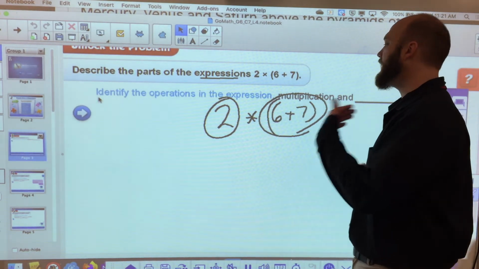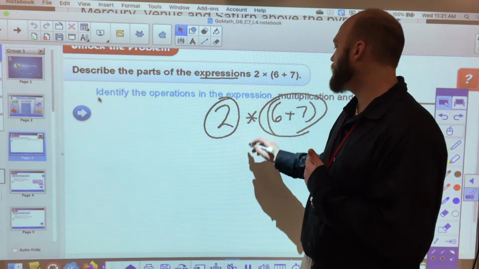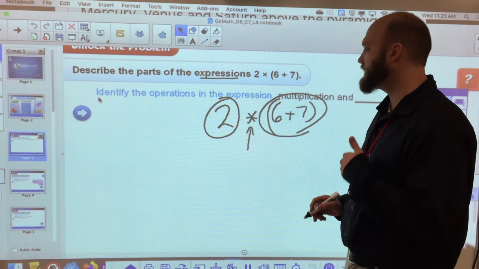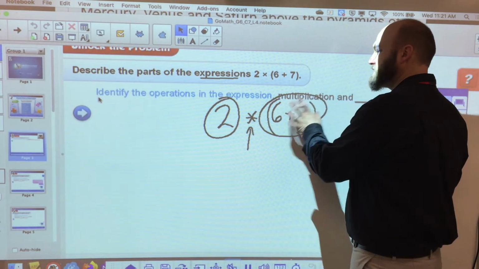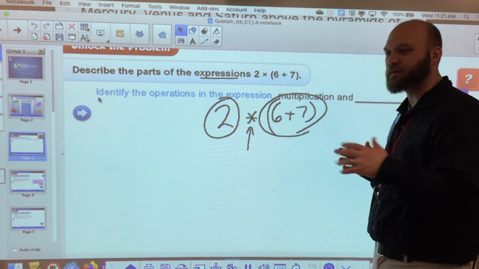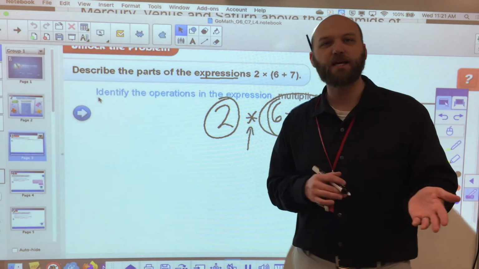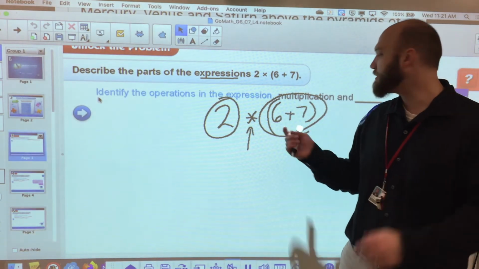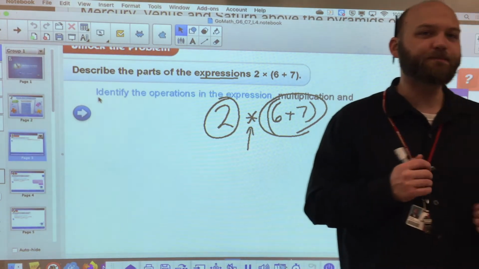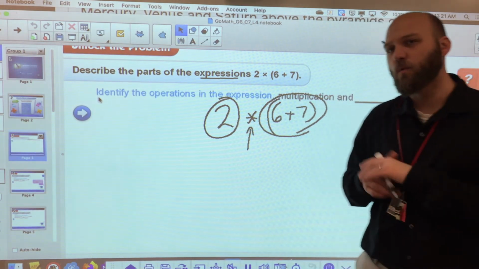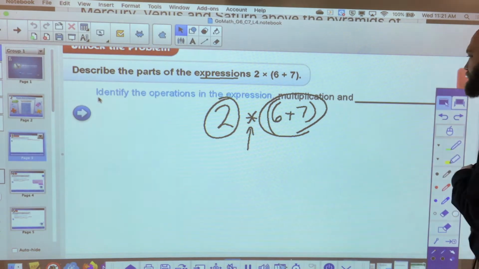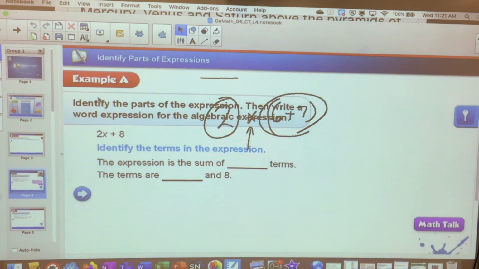So I want to identify the operations to help me identify the parts. So I've got 2 multiplied by the sum of 6 and 7. Typically, if this were just 2 times 6 plus 7, I would put them together. But 6 and 7 being together gives me a new opportunity, because anything in parentheses is one item. Okay? So, moving on to the next part.